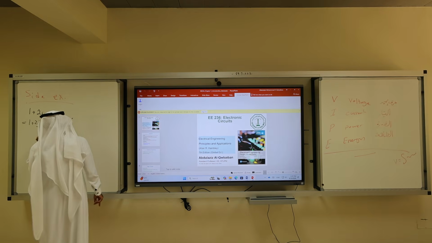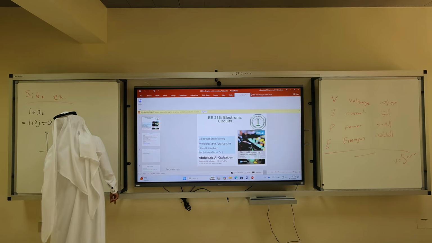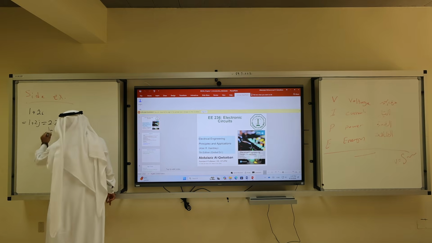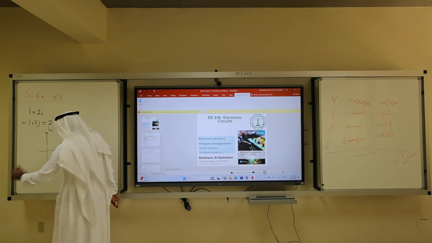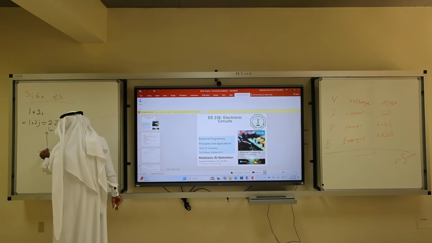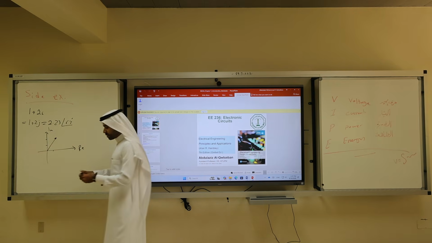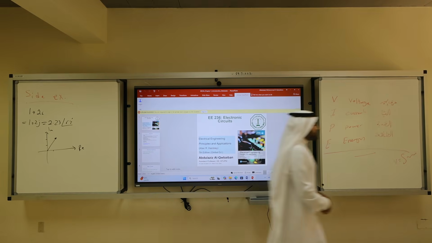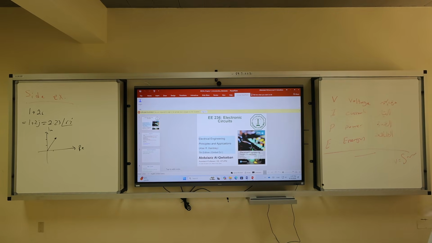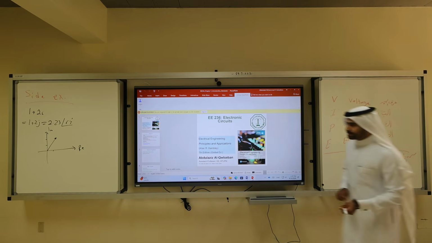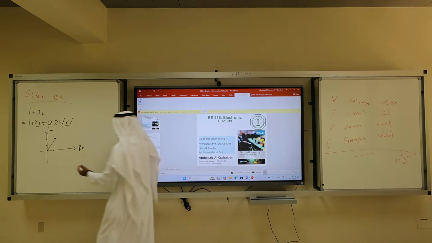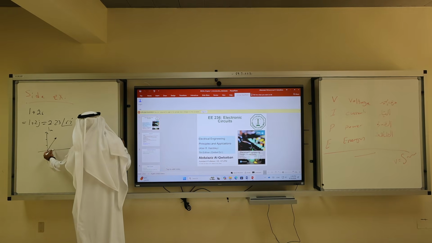So let's do it. This is real and this is imaginary. I'm doing math. 0, 1, 2. This is the vector, right? In electrical engineering, if you say 1 plus 2j, what does it mean? It means I'm moving 63 degrees at a length of 2.23.